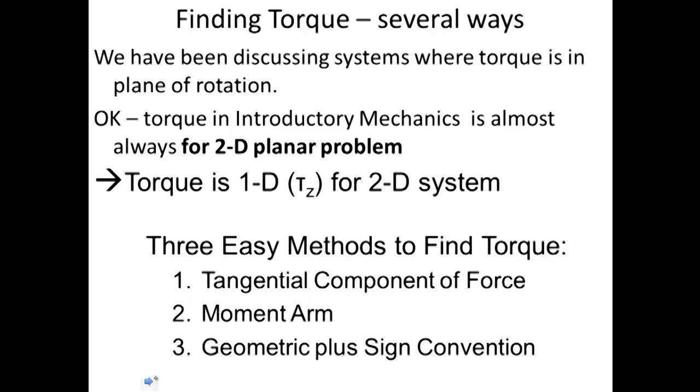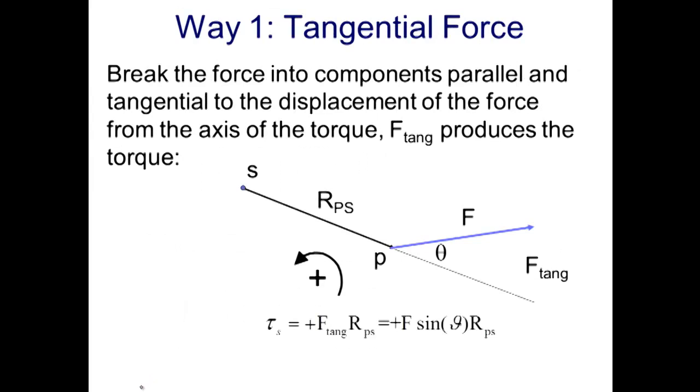So let's take a look at the tangential component. Let's pick the force that is acting here as shown, and we're trying to find the torque about the point S. If we remember the discussion with the wrench, what's important is only this component of the force, the tangential component, the one that is going around the circle like this.